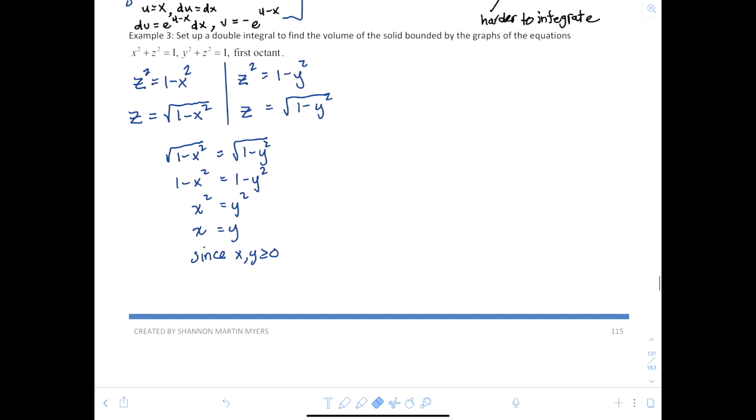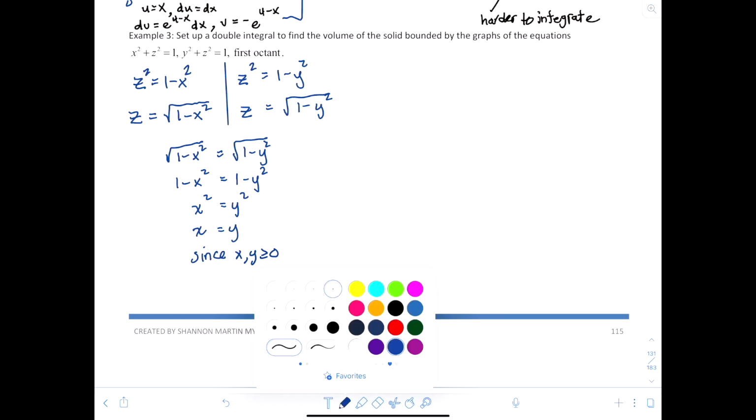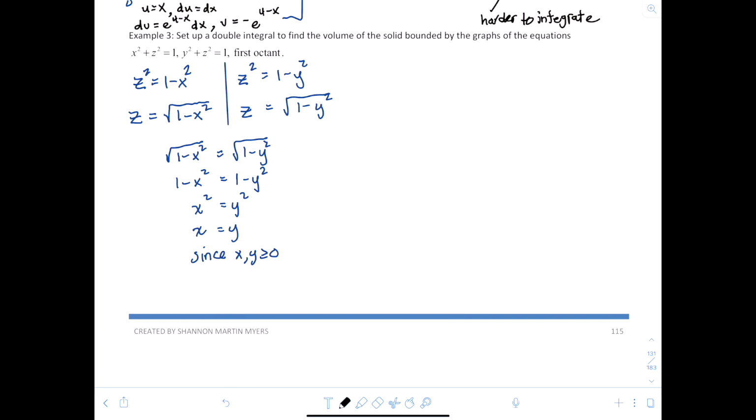Let's take a look. Depending on how we want to set it up, I think I'm just going to set it up by doing it vertically simple.